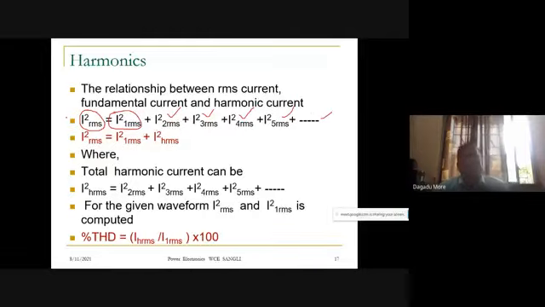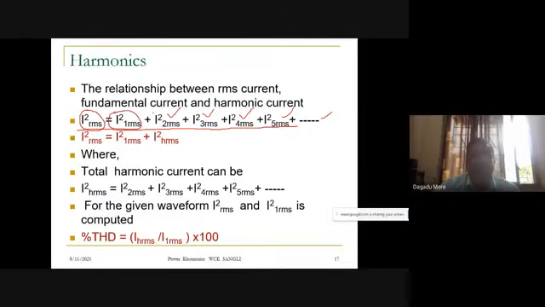So the relationship between RMS current, fundamental and harmonics is given by this expression. Is it clear? So the RMS current squared equals I1 RMS squared plus I2 RMS squared plus I3 RMS squared plus I4 RMS squared plus I5 RMS squared, and so on.